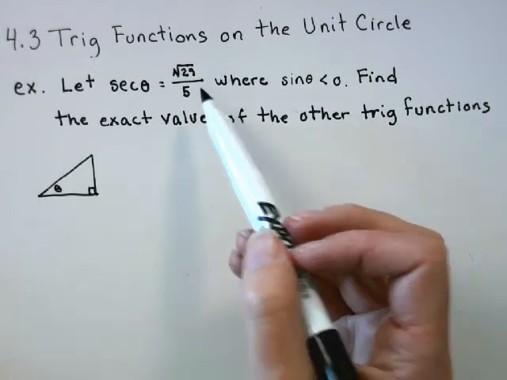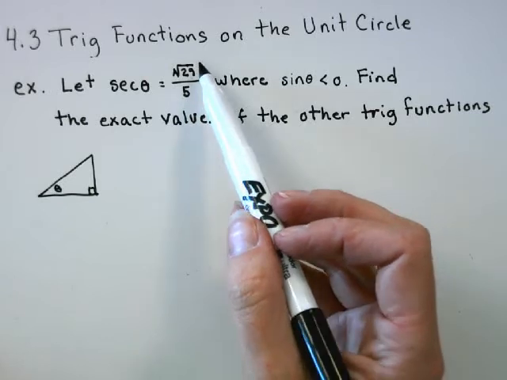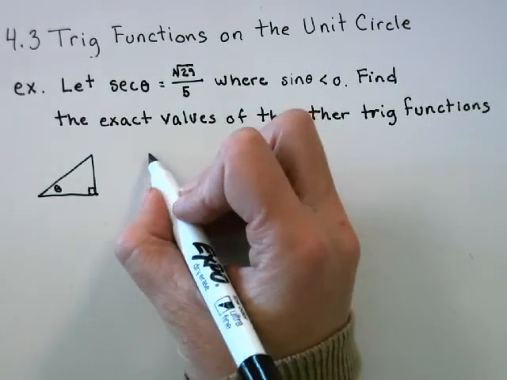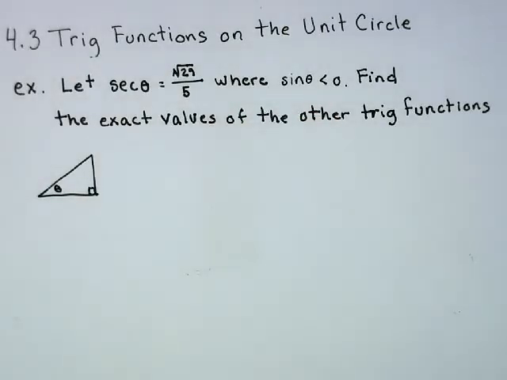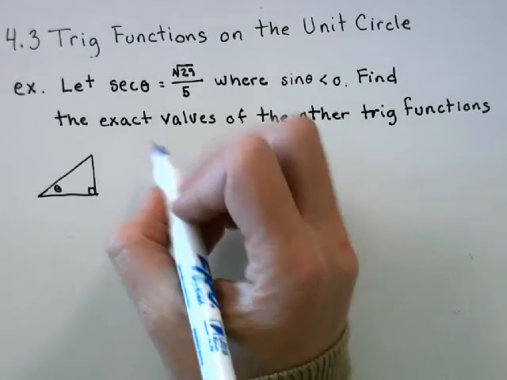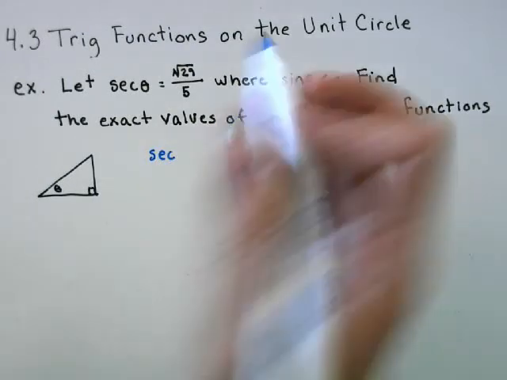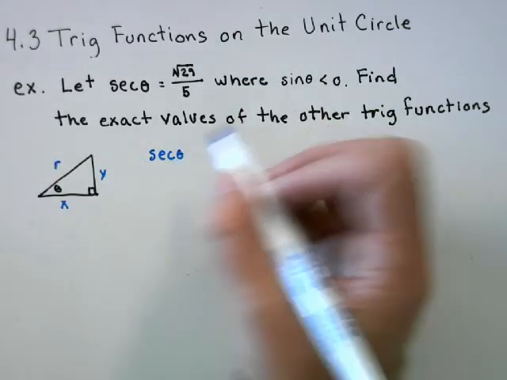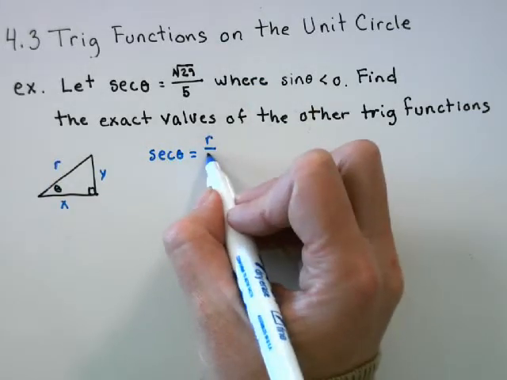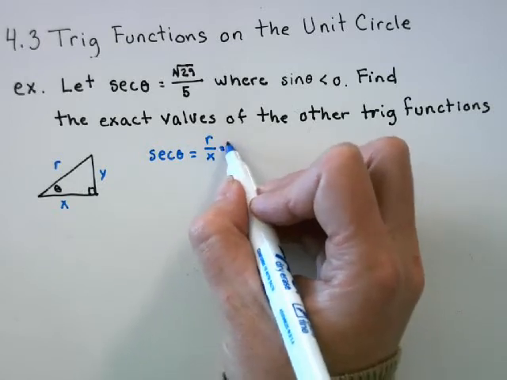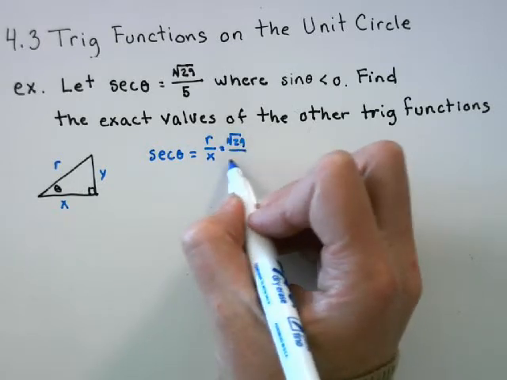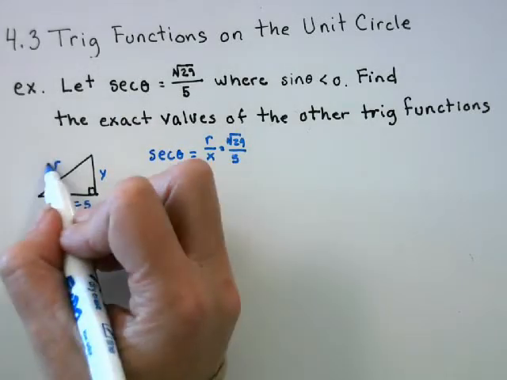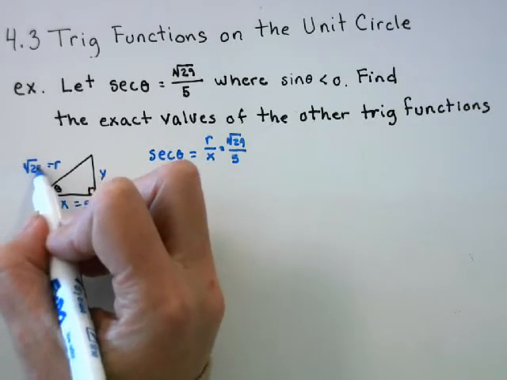So cosine is adjacent over hypotenuse, which means this is hypotenuse over adjacent. Or we can think about it with secant: this is x, this is y, this is r. Secant of theta is r over x, so that means my r is root 29 and my x would be 5. So this is 5, this is root 29.